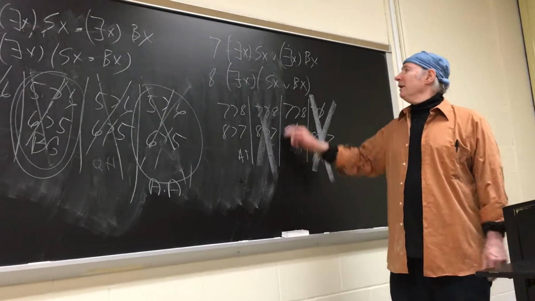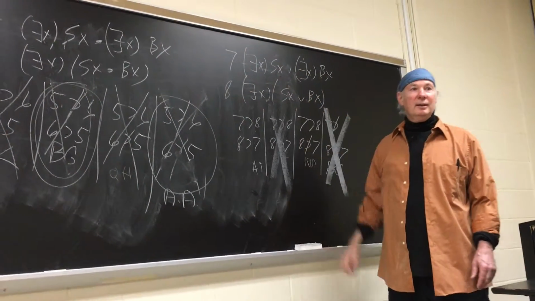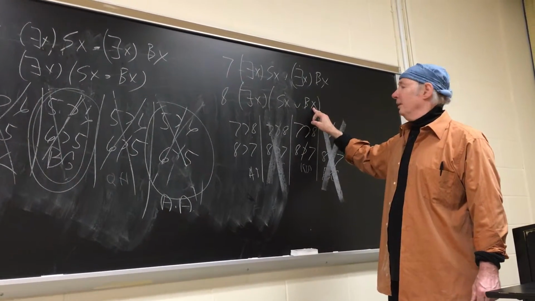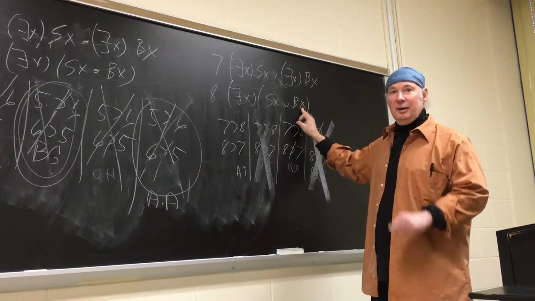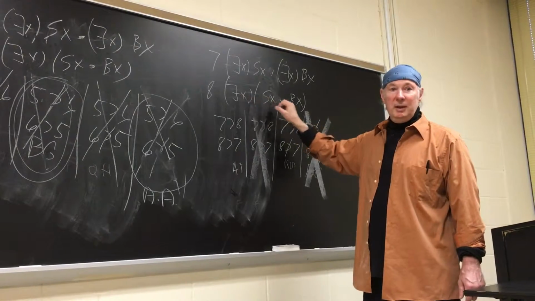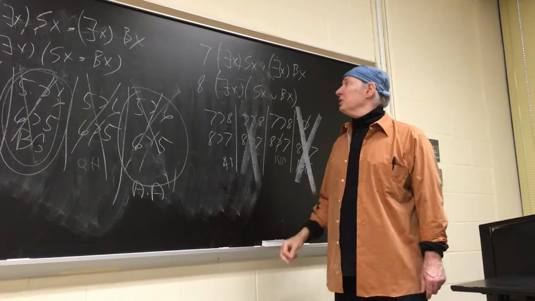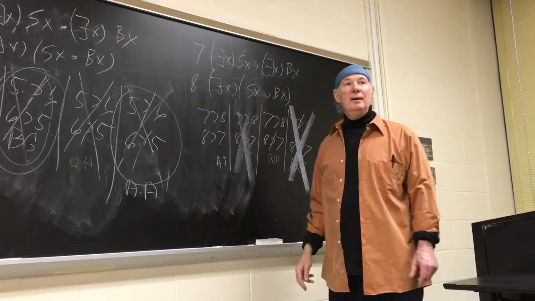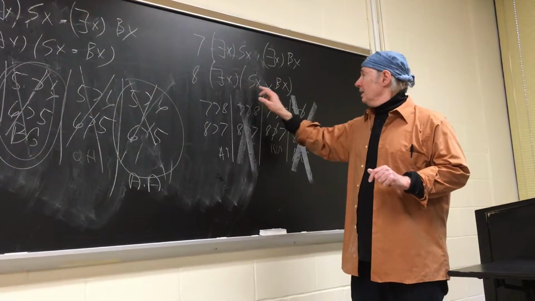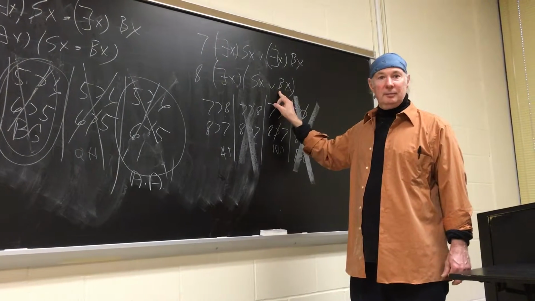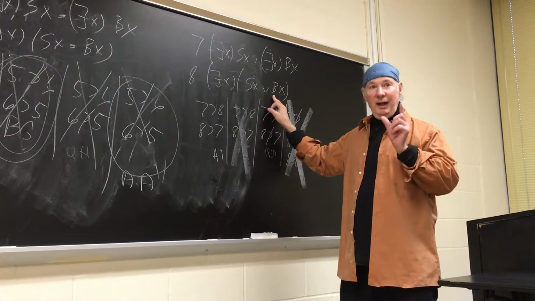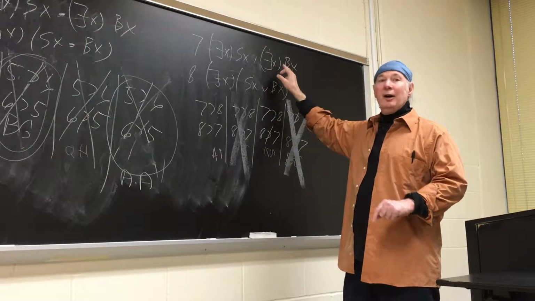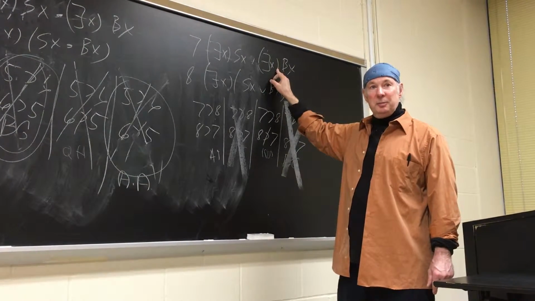Now, does 7 follow from 8? Whenever there's something that's sweet or bitter, this is a tricky one. Whenever there's something that's sweet or bitter, does it follow there's something that's sweet or something that's bitter? If there's something that's sweet or bitter, then either there's something that's sweet or there's something that is bitter.